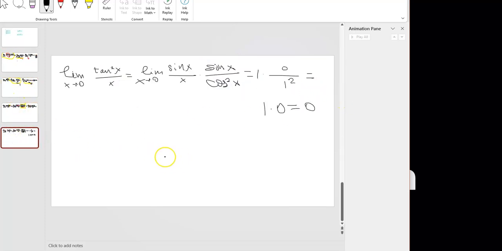And one more example with these trigonometric functions. What if we have the limit as x approaches 0 of tangent squared x over x? Again, if you plug in 0, you get tangent squared of 0 is 0 over 0. Not good. So we look at tangent as sine over cosine.